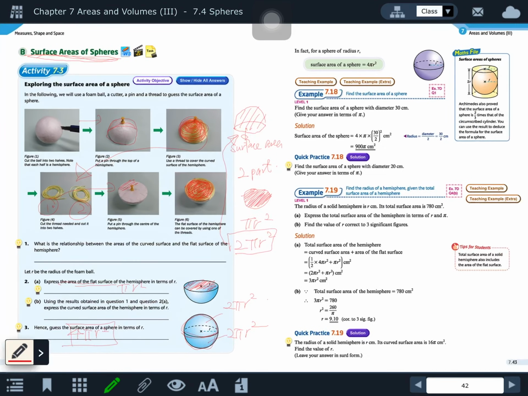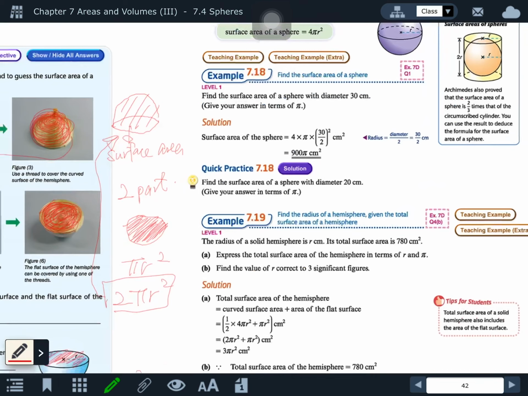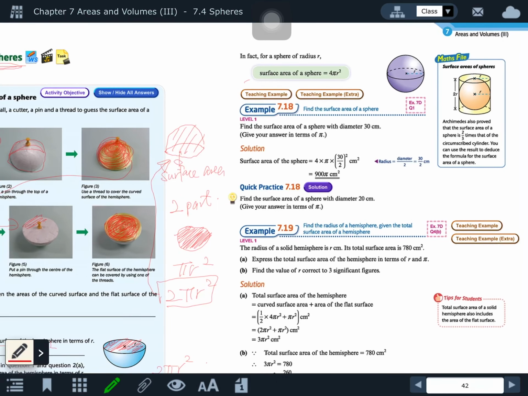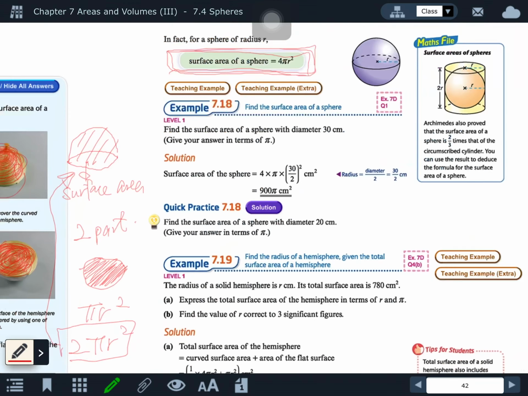That activity shows us this formula. We can now conclude that the surface area of a sphere is 4 pi r square. By using this formula, we can simply calculate the surface area of a sphere.